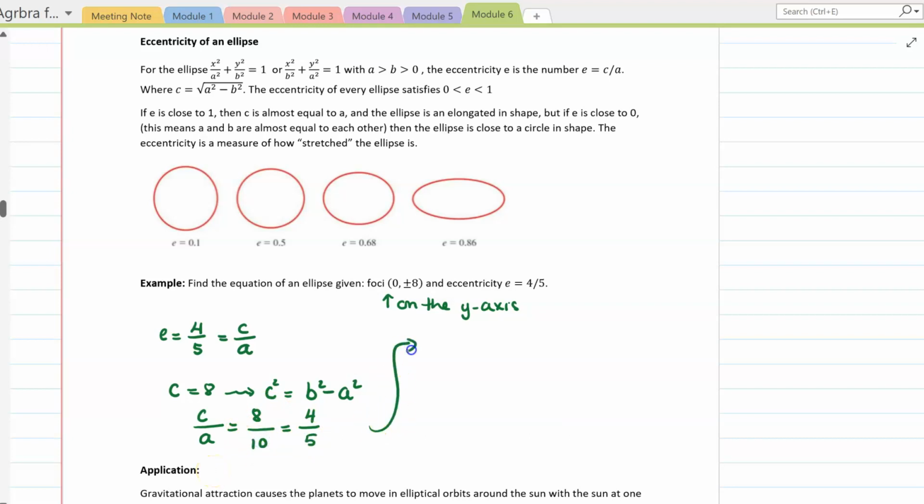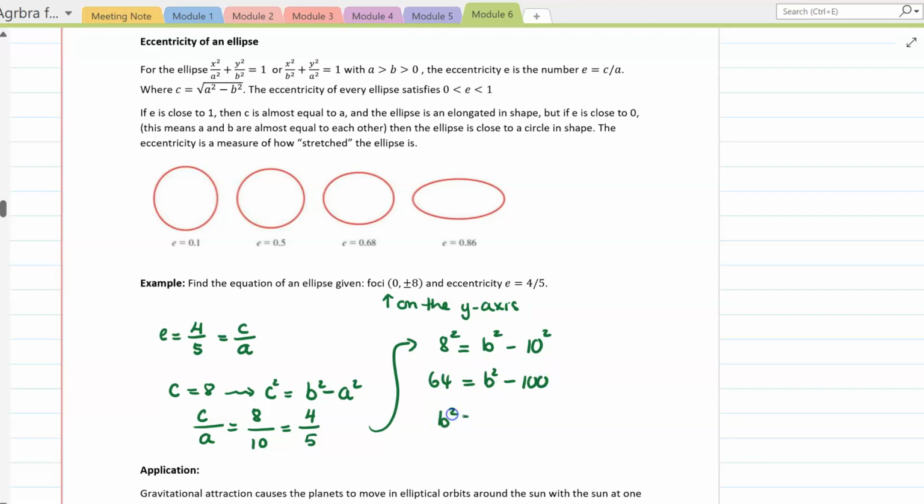This is telling us that now that we have a and c, we can solve for b. So then a equal 10, c equal 8. So c squared equal to b squared minus 10 squared. So 64 equal to b squared minus 100.